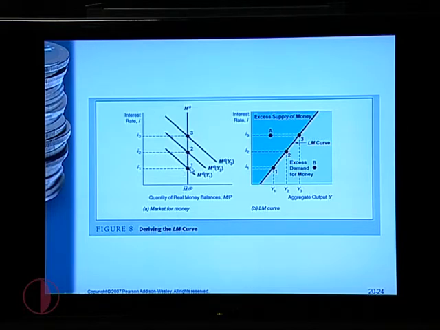That is, the money demand goes to the right, while interest rate is plotted against aggregate output. What happened at this level of interest rate? This level of output is achieved, while at I2, at point 2, this level of aggregate output is achieved, while at point 3, this is the excess supply of money region at point A, while at point B, this is the excess demand for money, and this line is what we call the LM curve.